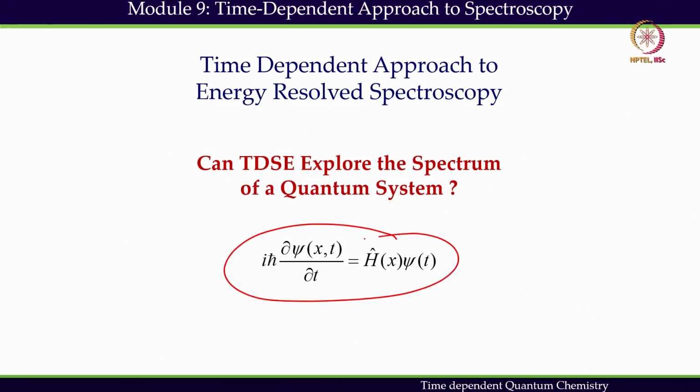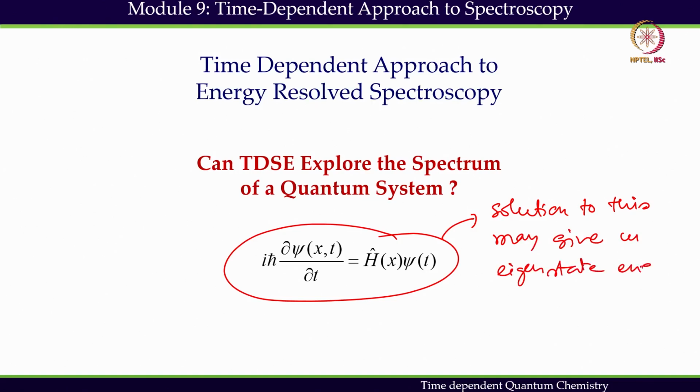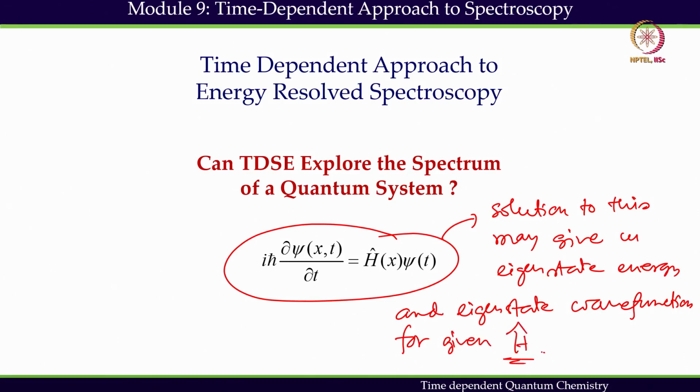We are very much familiar with it, and we will see that this solution may give us eigenstate energy and eigenstate wave function for a given Hamiltonian.